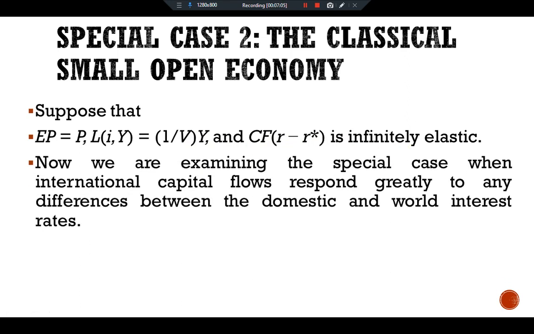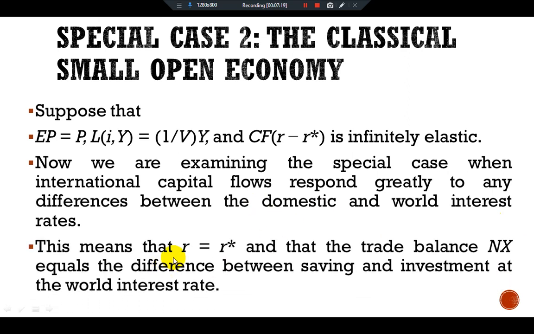Now we are examining the special case when international capital flows respond greatly to any differences between the domestic and world interest rates. This means that the domestic interest rate is equal to the world interest rate, r = r*, and that the trade balance NX equals the difference between saving and investment at the world interest rate.